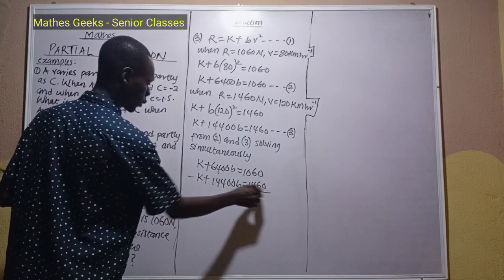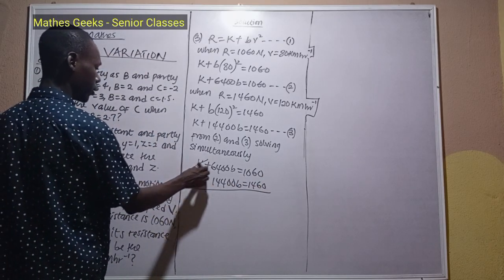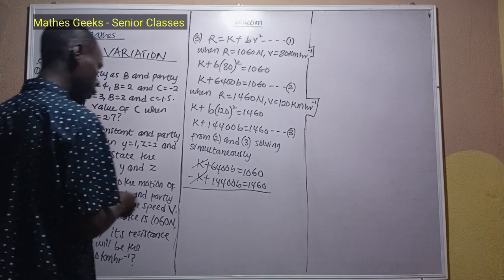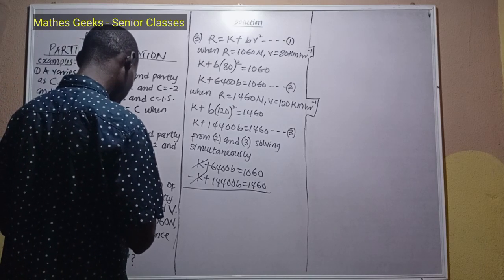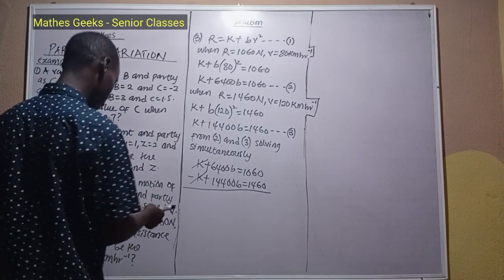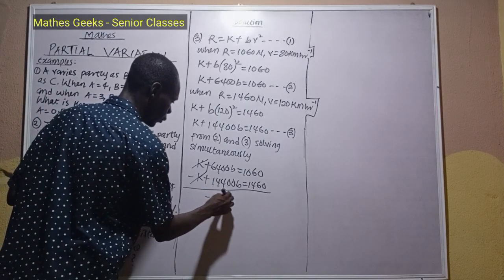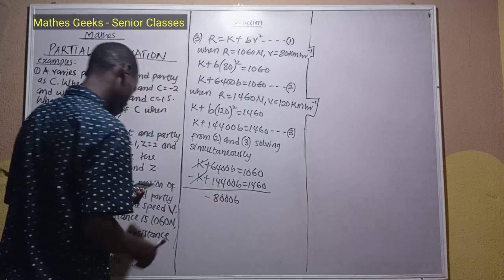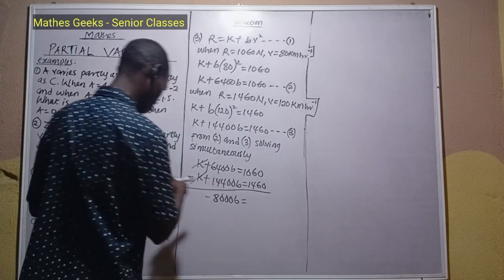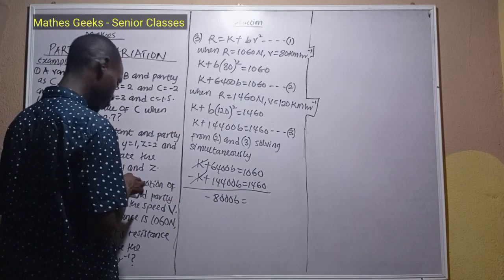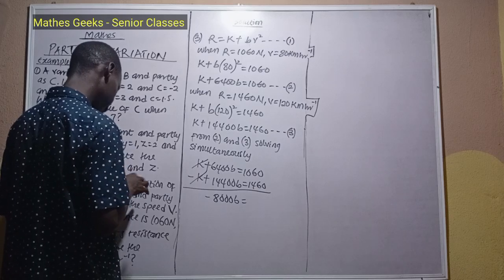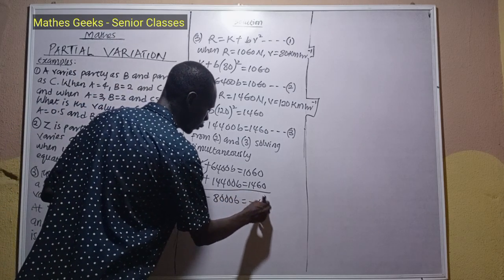And we will subtract, so k will be eliminated. 6400 minus 14400 gives minus 8000 b, and 1060 minus 1460 gives minus 400.